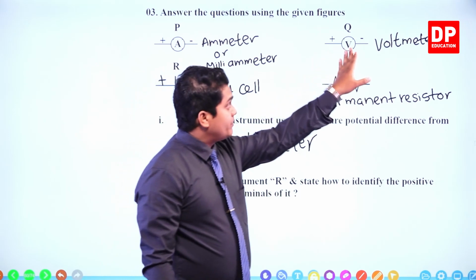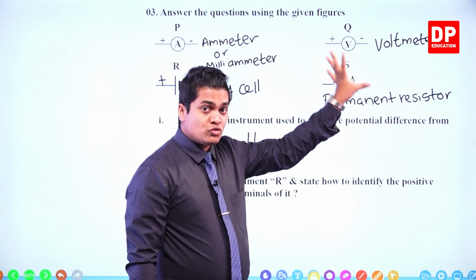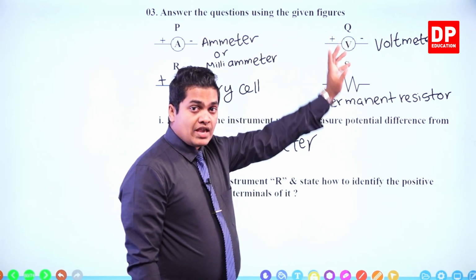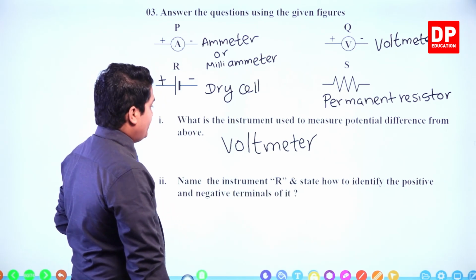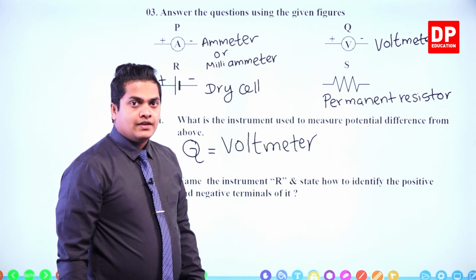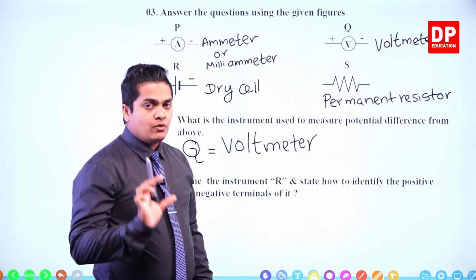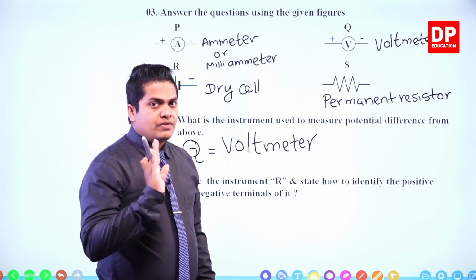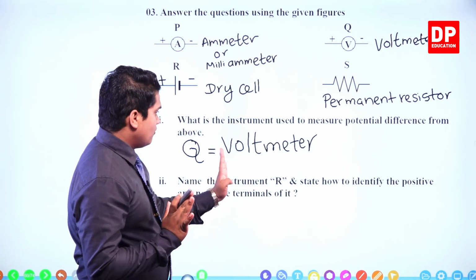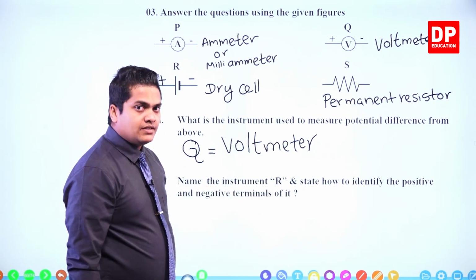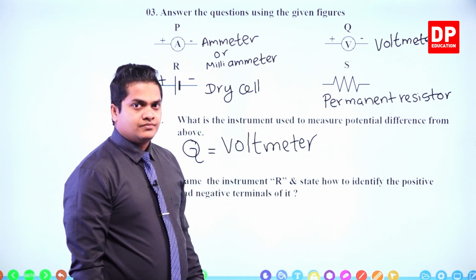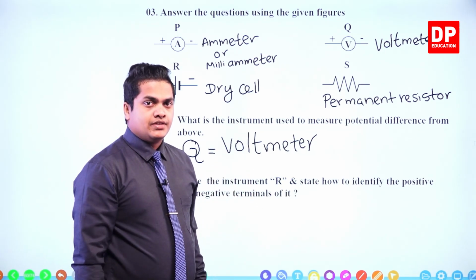So this figure voltmeter, we know that this is a voltmeter, but this instrument is being marked as Q. Right? So therefore our answer should be Q. Q should be definitely there. If the Q answer is not there, you won't be given the necessary marks. So it's okay to write voltmeter, but write it like this at least. Q, the voltmeter. This is more accurate.